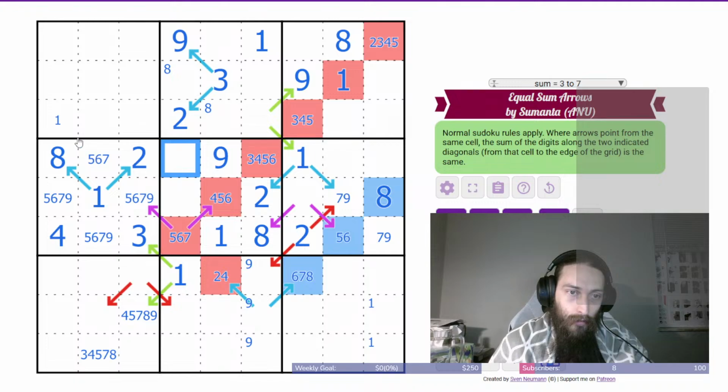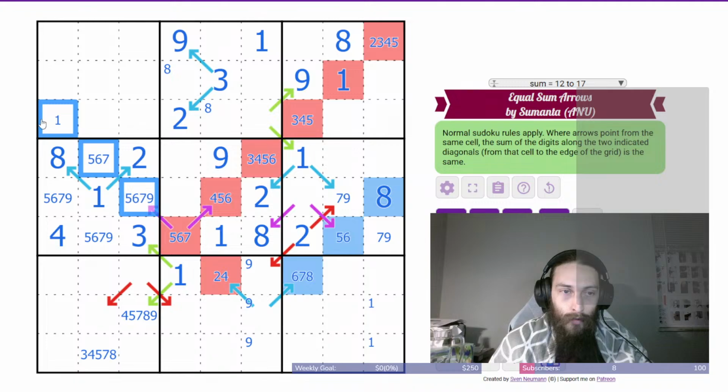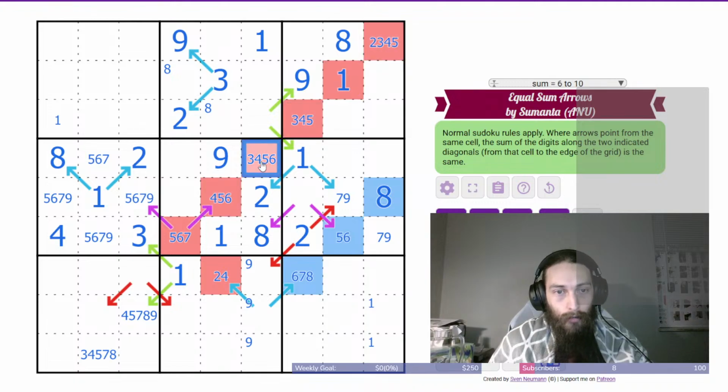What else? Because we've got these 3 here. This is maximum 8. Well, if those are 8, then this has to be 7. Which is 15.